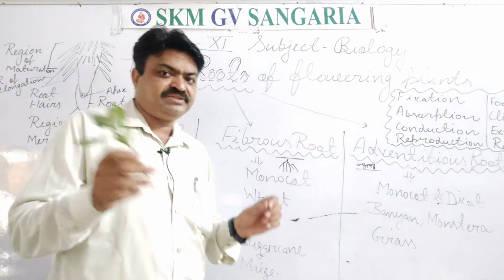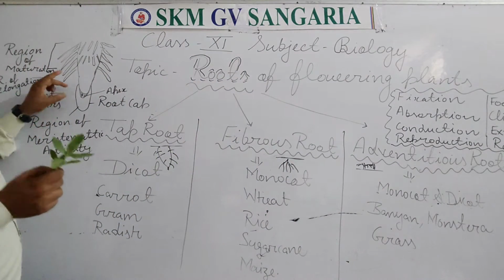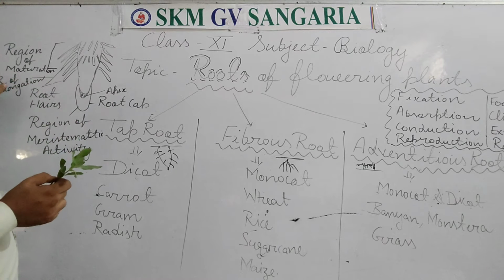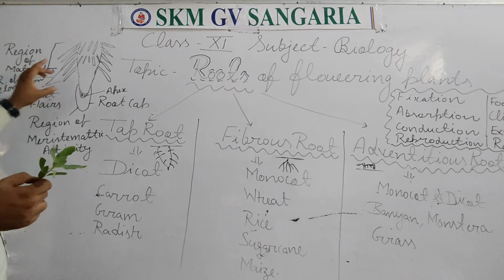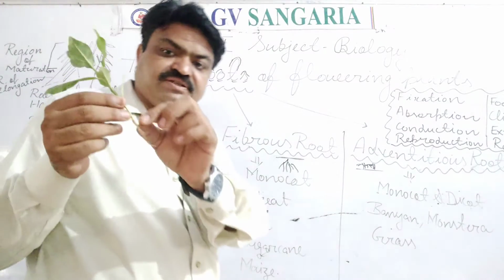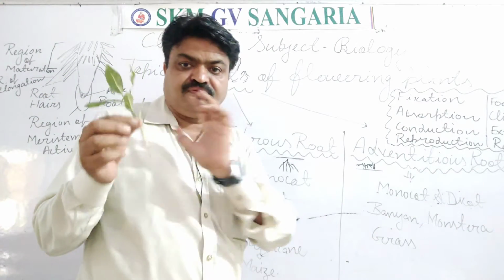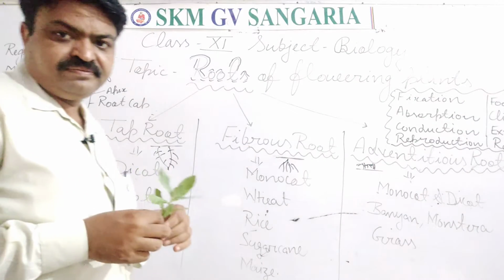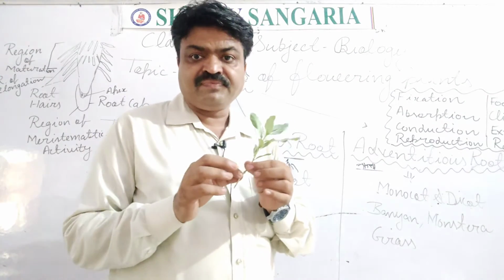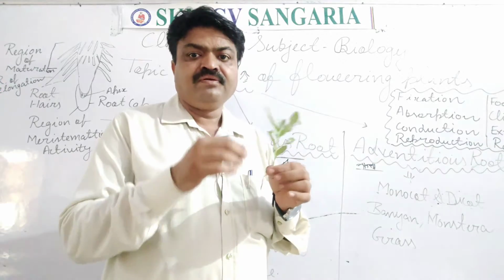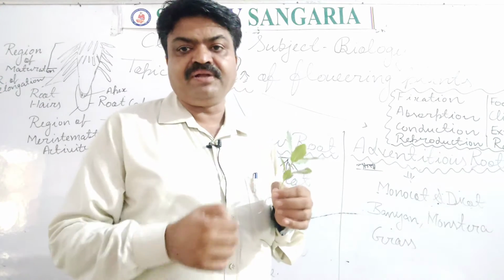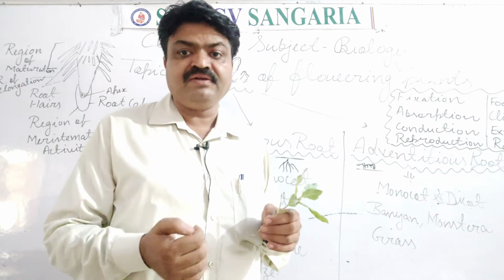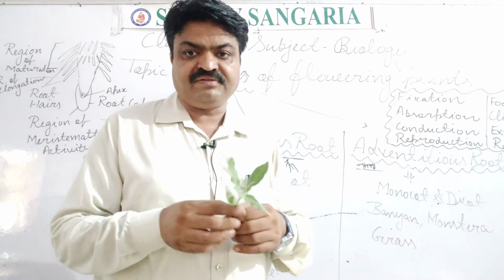First is the meristematic region. In this diagram you can see this is the meristematic region, the lower region. This middle region is known as the region of elongation, and this upper region of the root is known as the maturation region. This region is considered the primary root, and this primary root develops into secondary or tertiary roots.